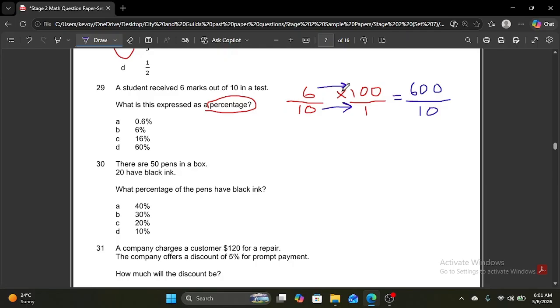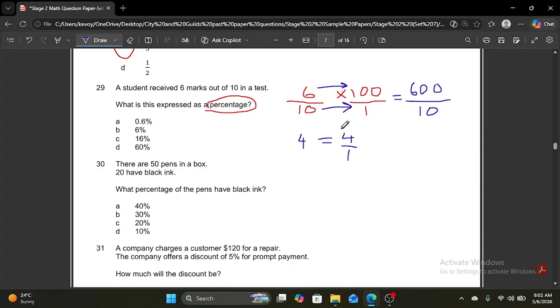Remember, any number over 1 is just the number itself. For example, if we have 4, what is 4 as a fraction? That would just be 4 over 1.